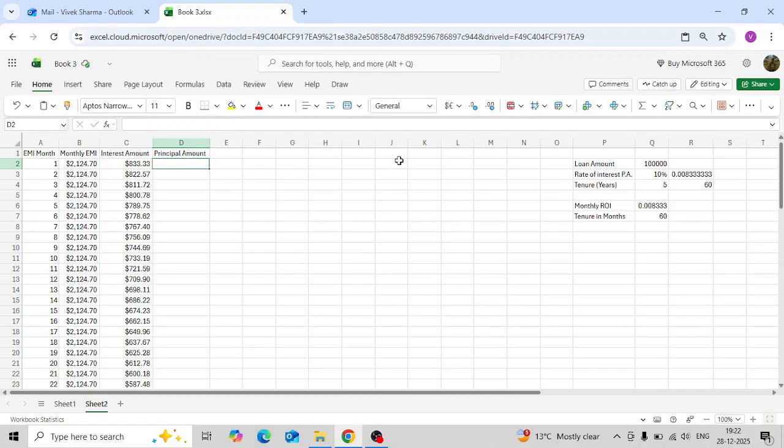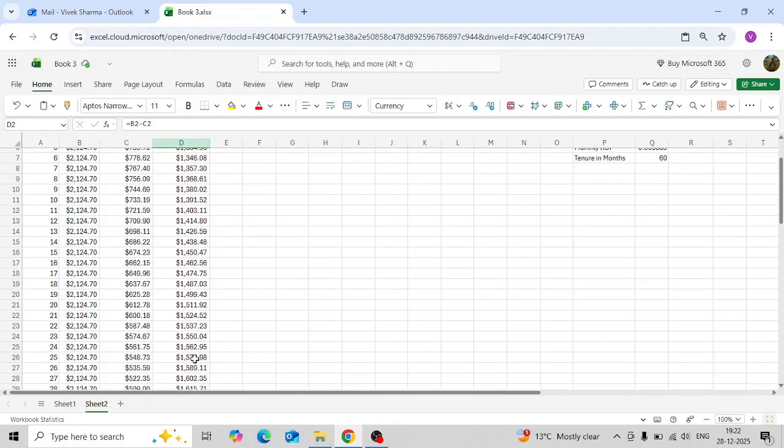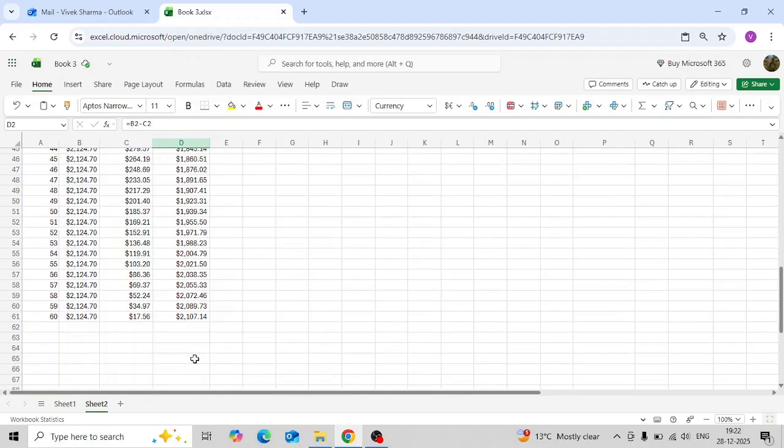Obviously my monthly EMI includes my principal as well as interest amount, so my principal would be nothing but monthly EMI minus interest amount. Drag the formula. If you see, my principal amount is increasing as we move towards my last payment.